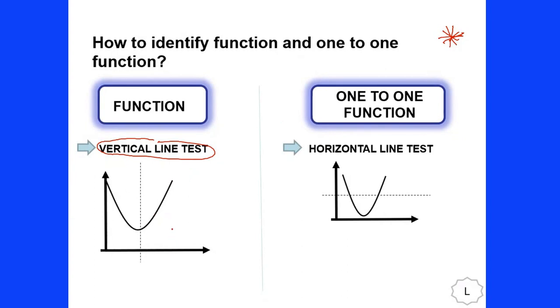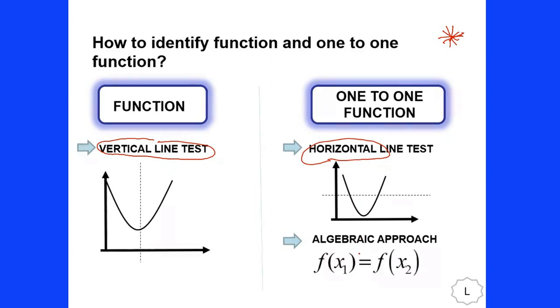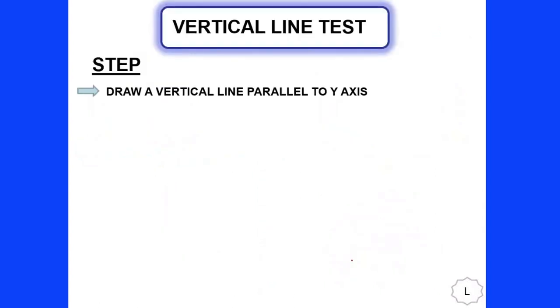Define which one is a one-to-one function using the horizontal line test. Algebraic approach is also okay. Either you use graphical or algebraic. For algebraic, the steps come later.